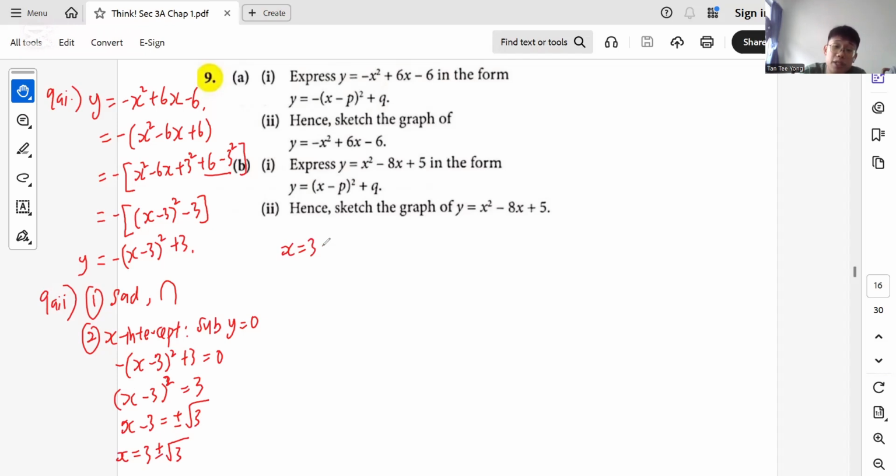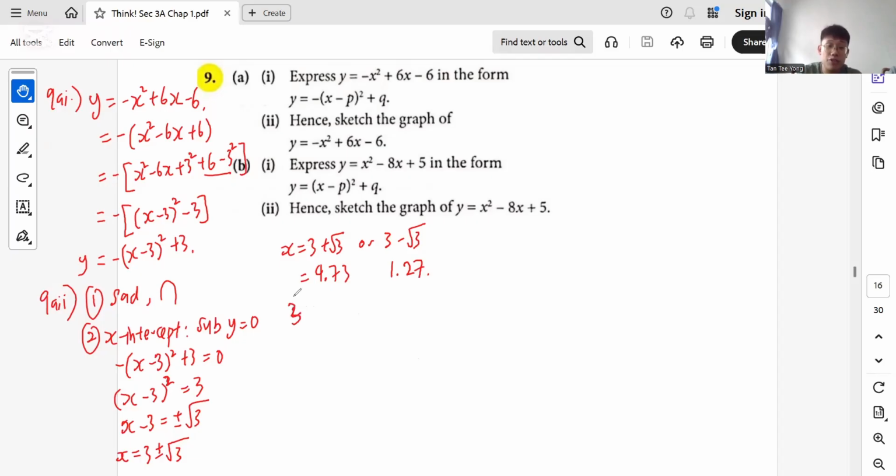So x equals 3 plus square root 3 or 3 minus square root 3. So what are these two values? Let me calculate. 4.73 or 1.27. Need to use a calculator. So this is the x-intercept.